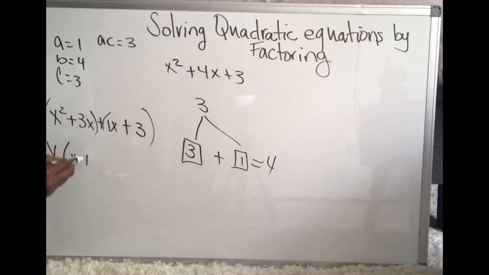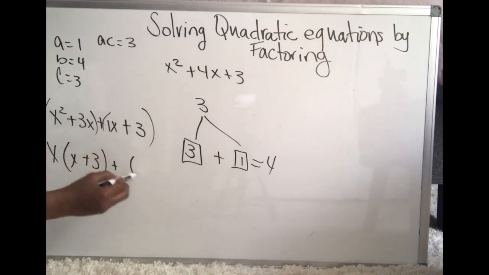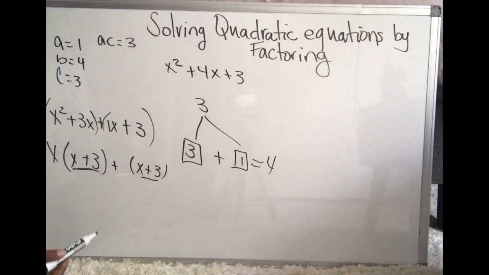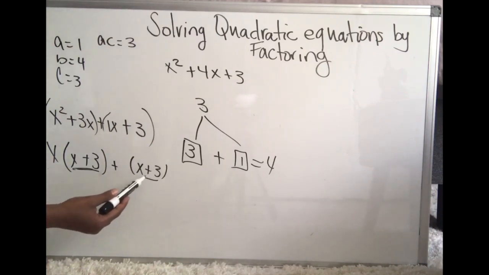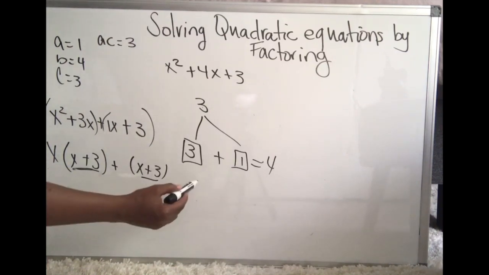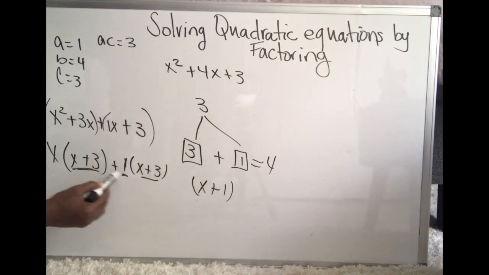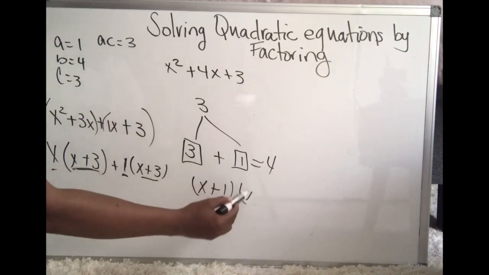So I'm left with x plus 3, and then this one is already x plus 3 with an imaginary 1 right here. So therefore I want the same thing underneath, and I got that, so that works out. So now all I have to write is x plus 1, because this is the factor on the outside, and then the x plus 3 on the inside.